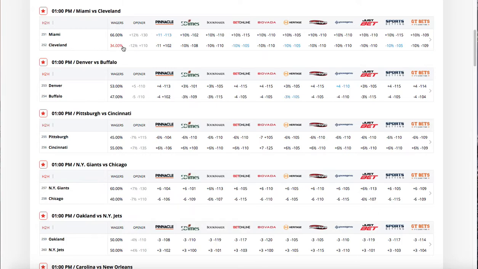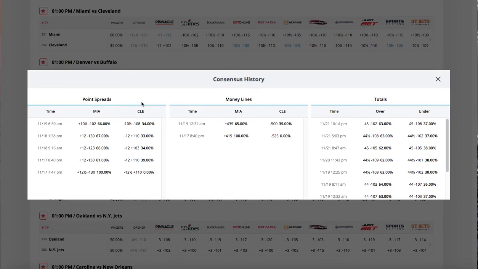Okay? Now let's take a look at this. You can click on this. When this line opened on 11/17, it opened at Miami plus 12.5 minus 130, and minus 12.5 plus 110 for Cleveland. You can see that the majority of the wagers were on Miami.